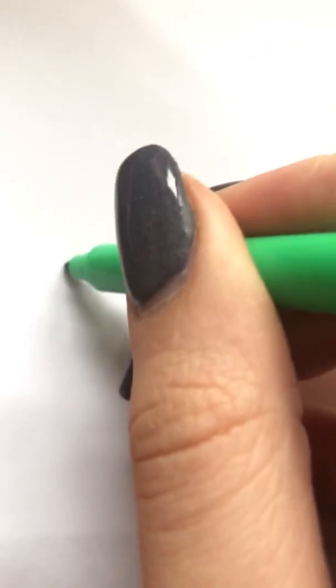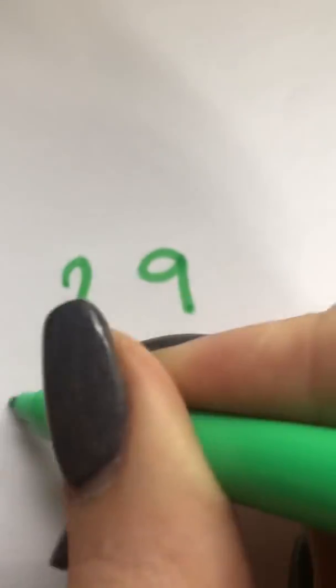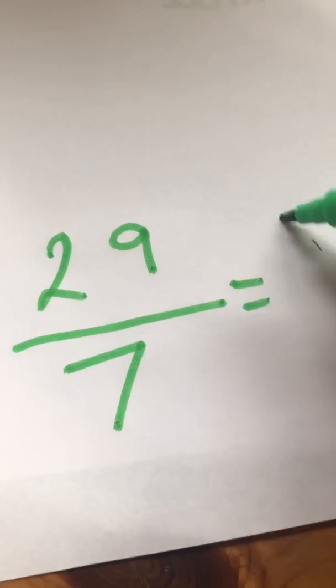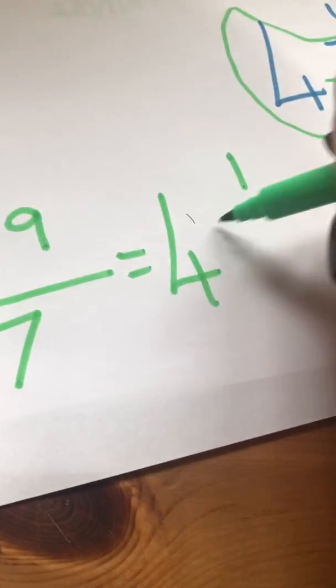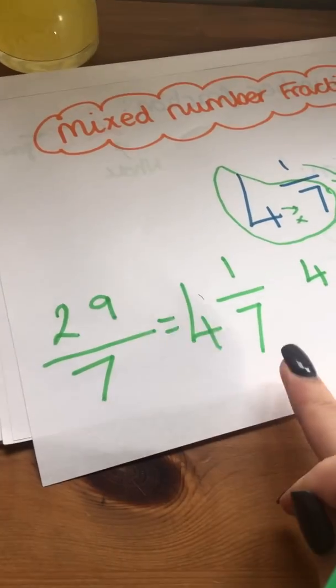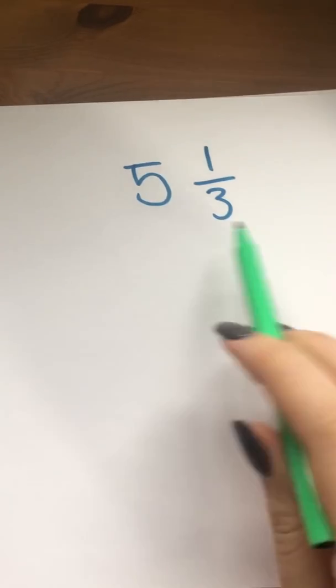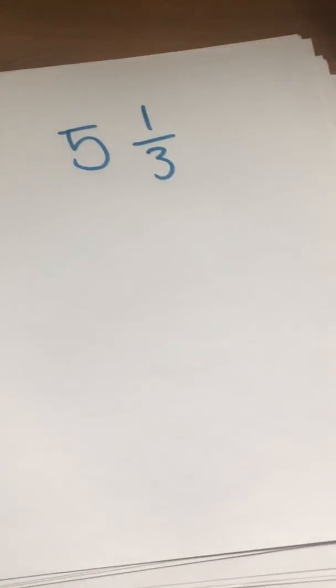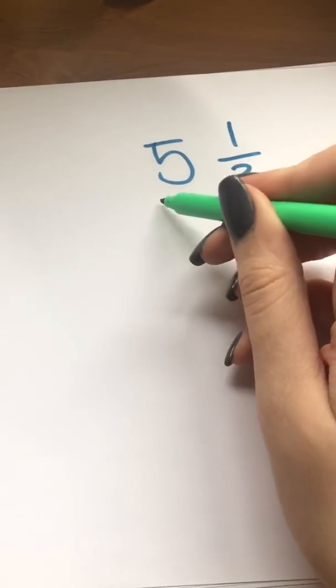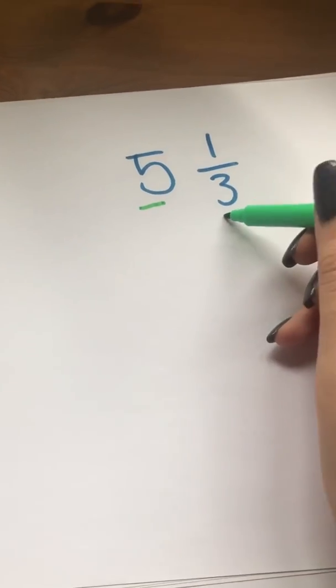That then tells us that 29/7 is equivalent to 4 1/7. One is an improper fraction and one is a mixed number fraction. If I have 5 1/3 as my next fraction, it's the same thing again. So we times the whole number by the denominator.